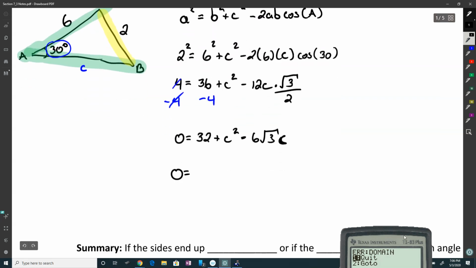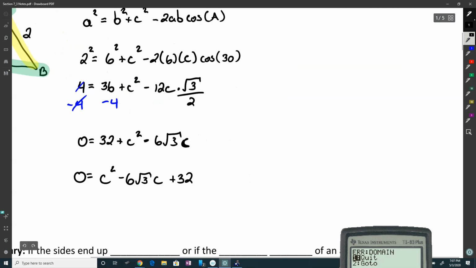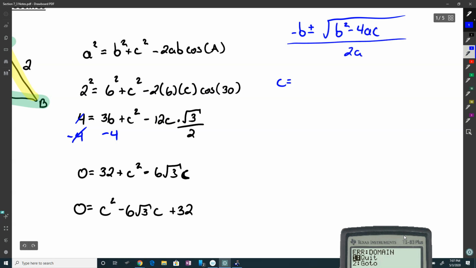So this is a quadratic. Let me put it in order. It's a nasty quadratic, so I'm not even going to attempt to factor that. So what we do instead is we just use the quadratic formula. C equals, remember the quadratic formula, negative b plus or minus the square root of b squared minus 4ac, all divided by 2a.